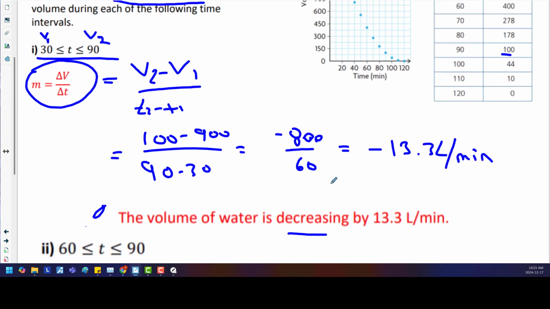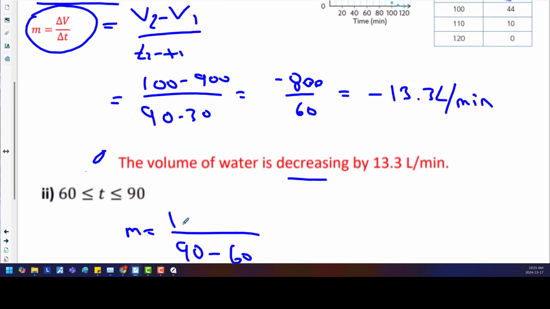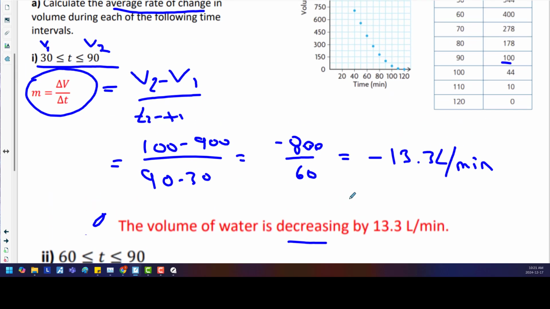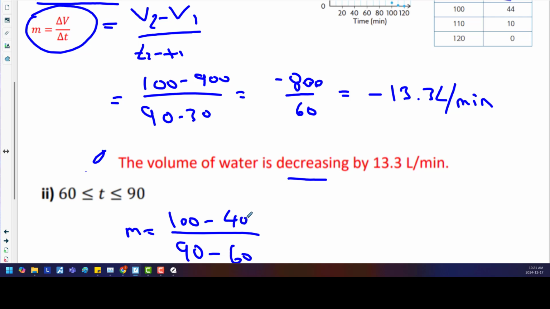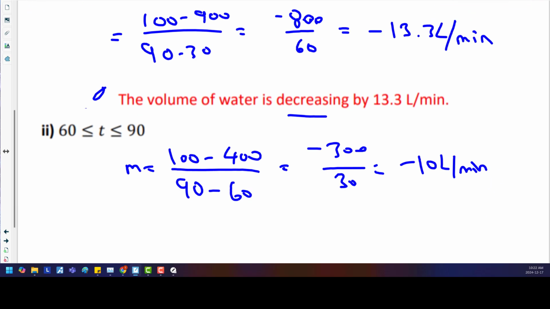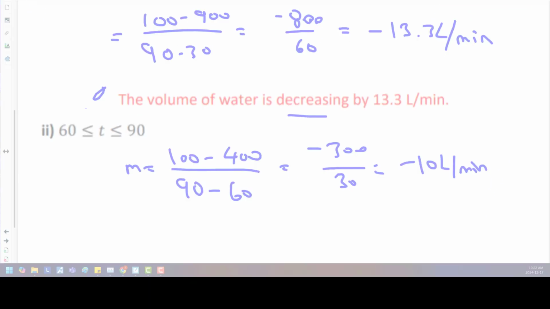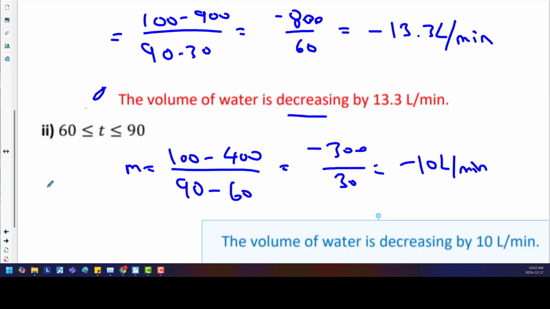Volume at 90 was still 100 because that didn't change, and volume at 60 is 400. So this is 100 minus 400, which is negative 300 over 30, which is negative 10 liters per minute. In this case, the sentence is going to be the volume of water is decreasing by 10 liters per minute.